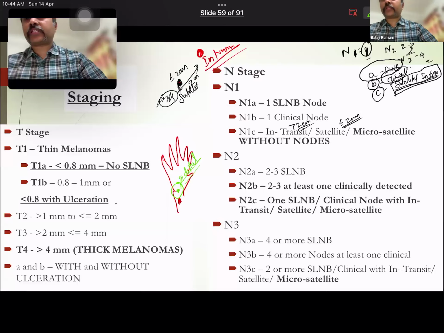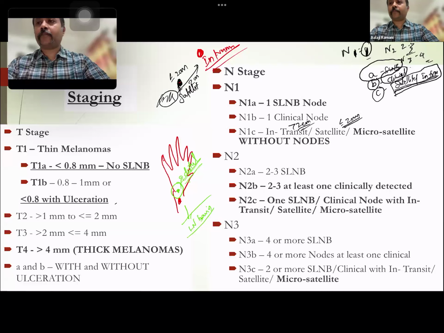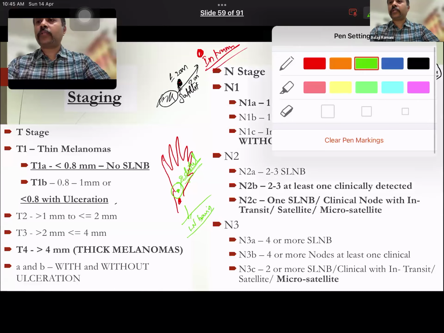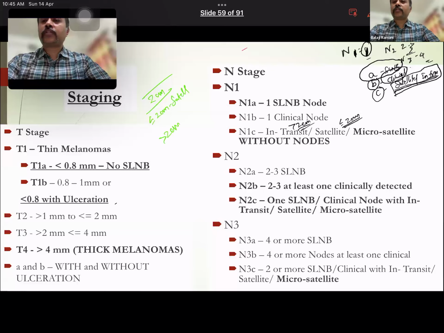But usually, your in-transit lesion will be in the direction of the lymph node basin. So you are now clear with regard to in-transit and satellite nodules: the cutoff point is basically 2 centimeters. Less than or equal to 2 centimeters is a satellite, and greater than 2 centimeters will be called an in-transit lesion.